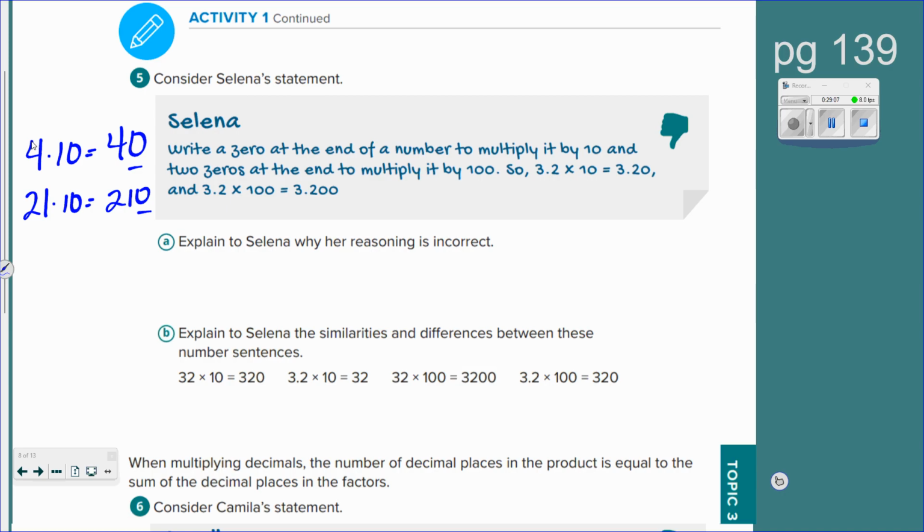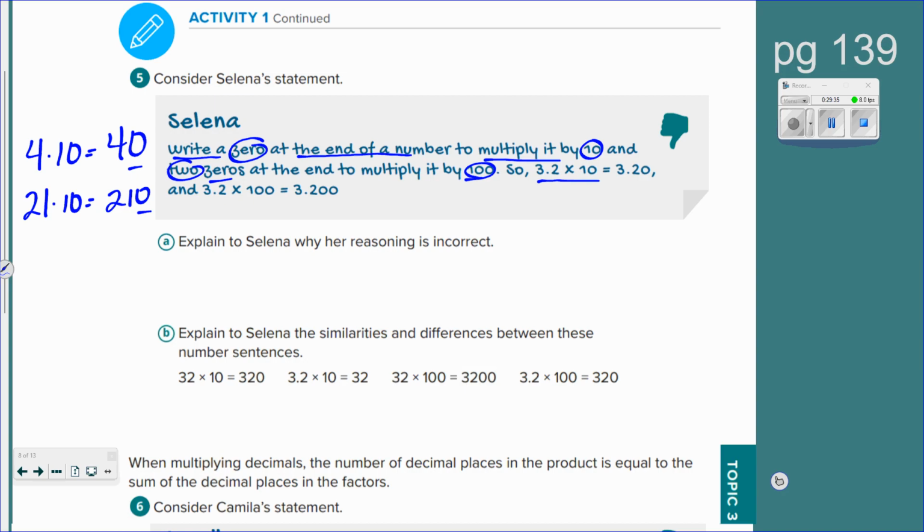So Selena says, I write a 0 at the end of a number multiplied by 10, and I do 2 zeros to multiply by 100. Everybody okay with that?